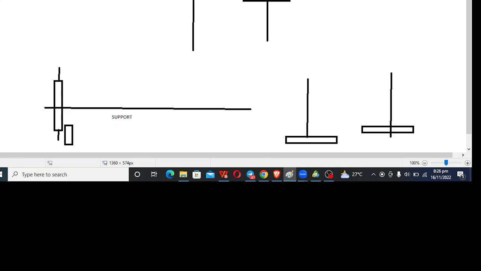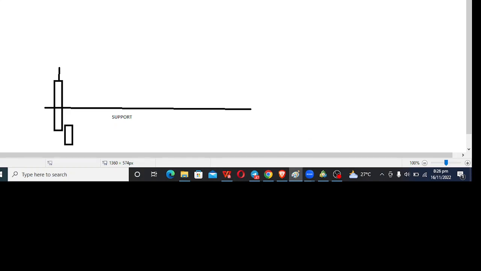Now, when I mention the close, the highs and the lows, let's take this as a candlestick. It's very strong. Then we have these wicks over here, and another wick over here. So this is a candlestick, with a wick over here and another wick over here.